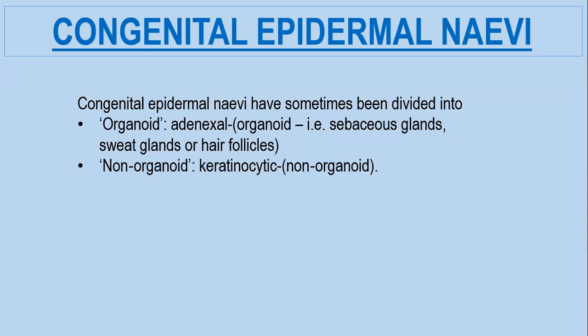So among the congenital epidermal nevi, they are either non-organoid, which are derived only from the keratinocyte, the example being the verrucous epidermal nevus, or organoid, in which they are derived from the sebaceous gland, hair follicles, or sweat glands, like the sebaceous nevus or the hair follicular nevus or eccrine nevi.